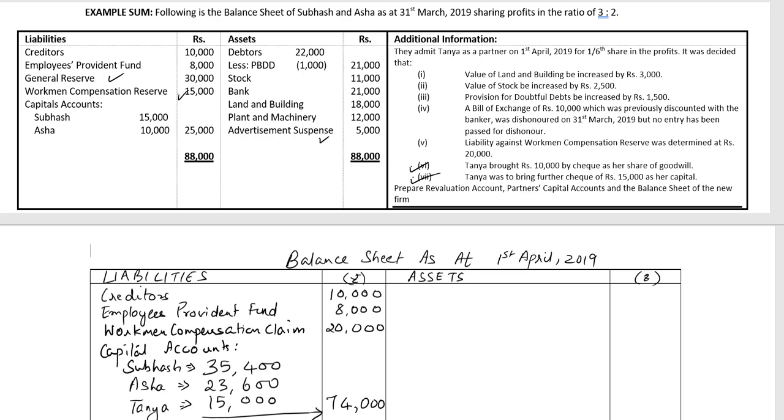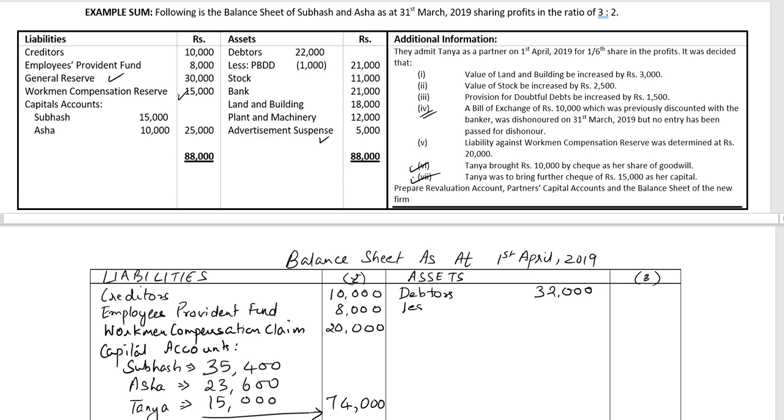Let's go on to the asset side. Debtors. The original value is rupees 22,000. We had to add this amount of 10,000 because the bill of exchange was dishonored. So it's now 22,000 plus another 10,000, which is 32,000.